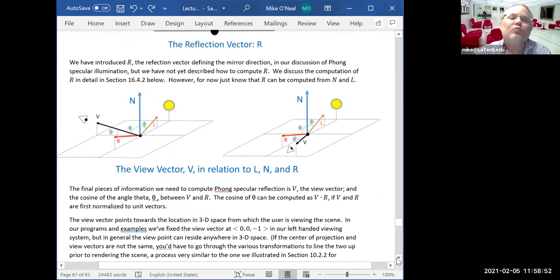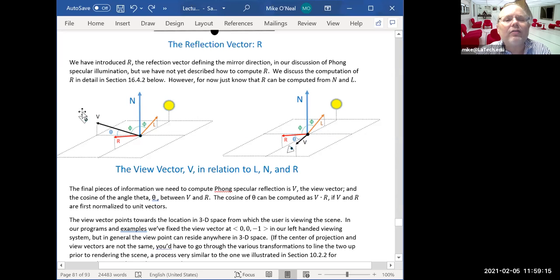But to continue, there's one other thing you need. You need a view vector. So to compute Phong, we need a bunch of vectors. We need a lighting vector, a surface normal vector, a reflection vector, and a view vector.